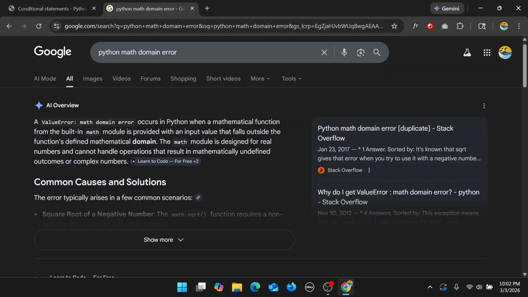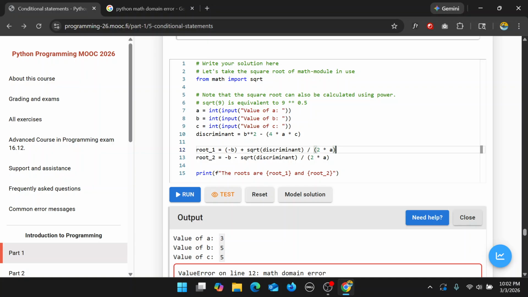When a mathematical function from the built-in math module is provided with an input value that falls outside the function's defined mathematical domain. I think it's this. I guess it's not interpreting the negative b correctly. But I think this should be right.